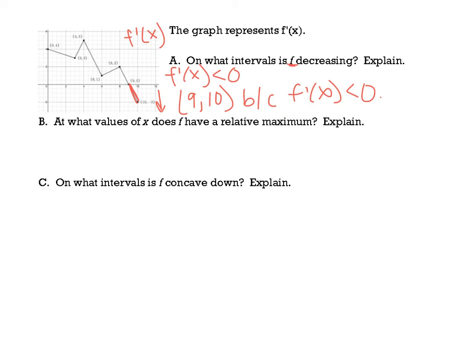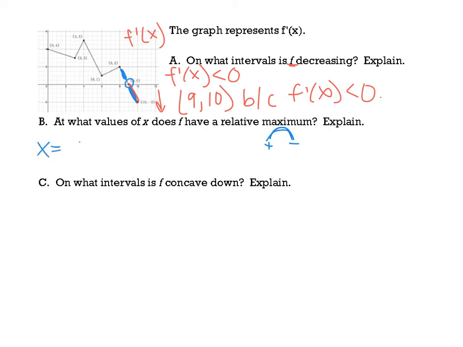Next question, where does f have a relative maximum? Well, your relative maximum would be concave down, look something like this. So it's where your first derivative is going to change from positive to negative. So it looks like here we're changing from a positive f prime to a negative f prime right here at x equals 9.